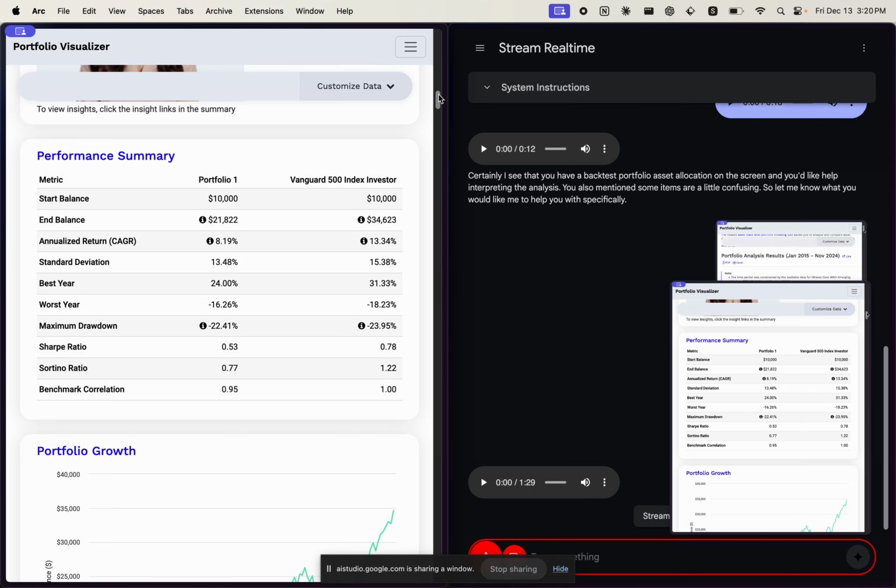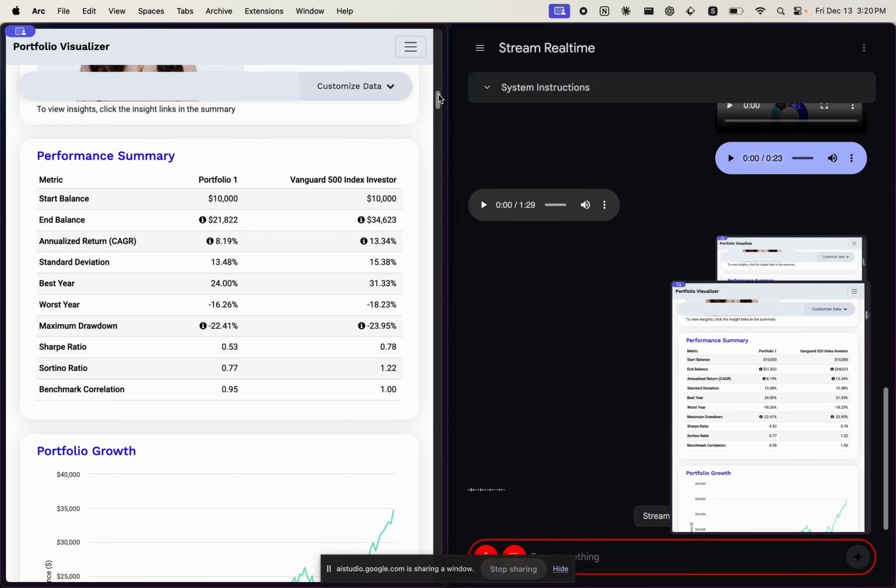13.34. Yeah, I don't need you to just read it off, but for things like the ratios, how should I interpret those? What do those mean, like the Sharpe ratio and the Sortino ratio? How should I be thinking about those things? Certainly, let's discuss the Sharpe and Sortino ratios. The Sharpe ratio measures risk adjusted return, where higher values are better.